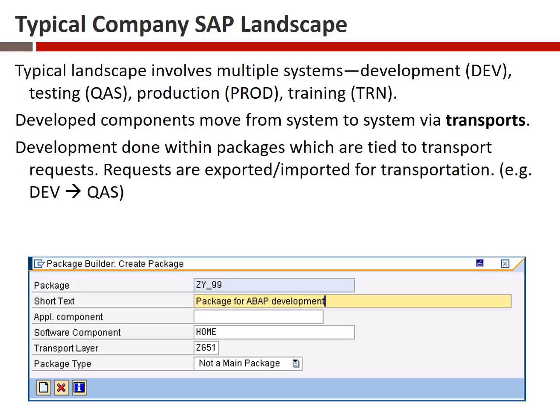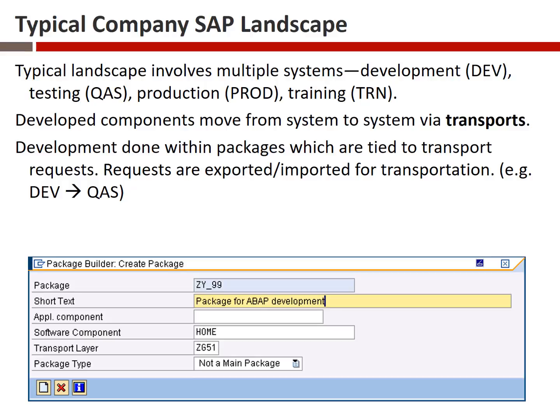The other thing that happens here is we have packages. Packages are bundles that I create of related elements. I could put a single program in a package. I could put a dozen programs in a package.